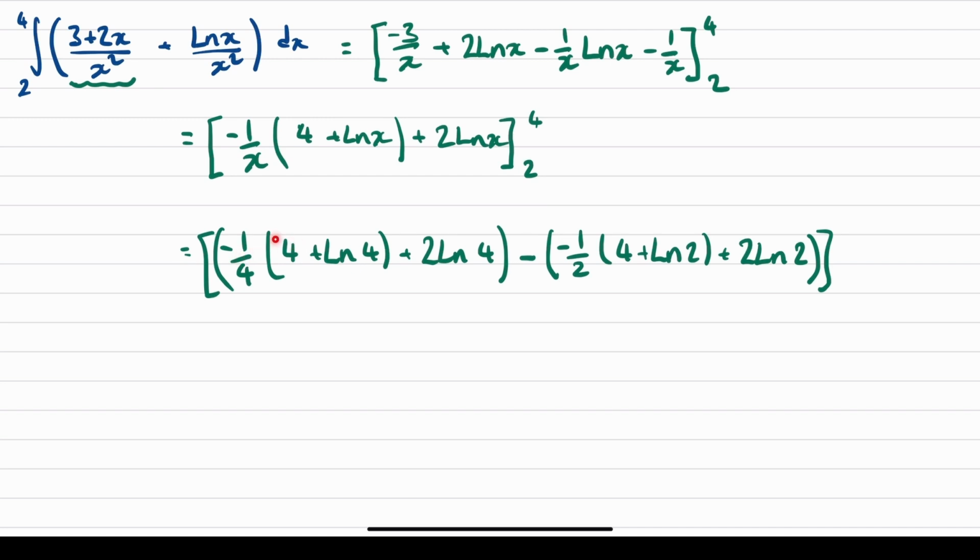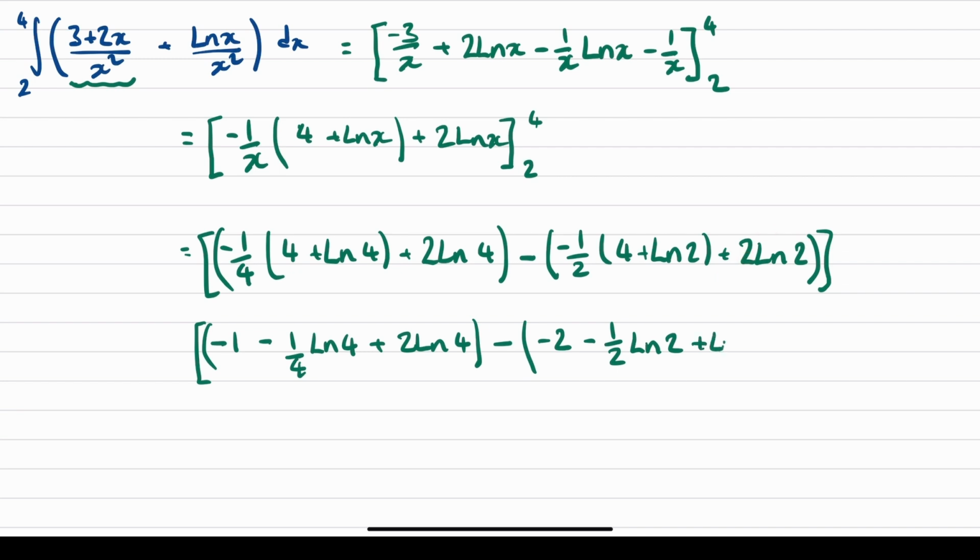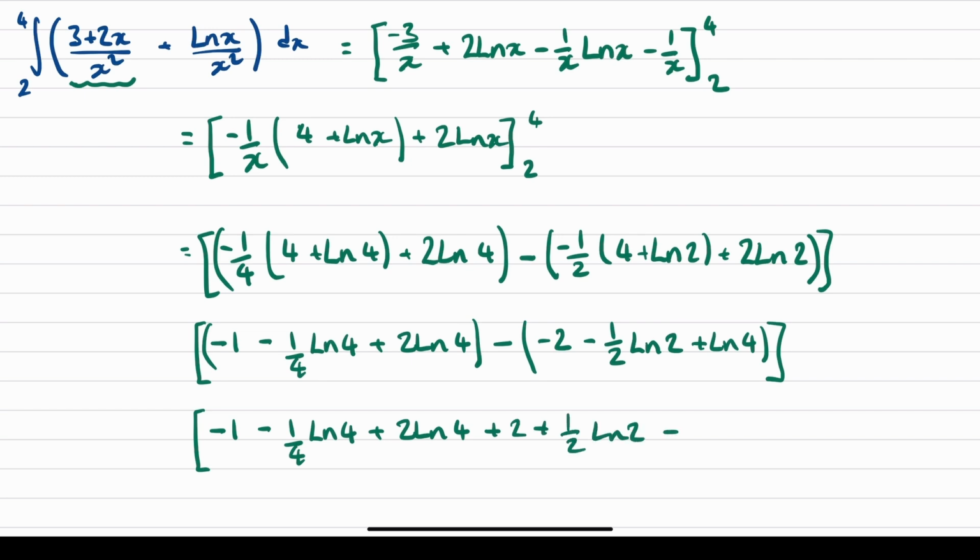We'll expand out this bracket, and I'll leave this as 2 ln 4. We'll expand out this bracket, and using the power rule, we can move this 2 up to here, so we get a natural log of 4. Now we'll expand out the negatives, so we get the positive 2 plus 1 over 2 ln 2 minus the ln of 4.